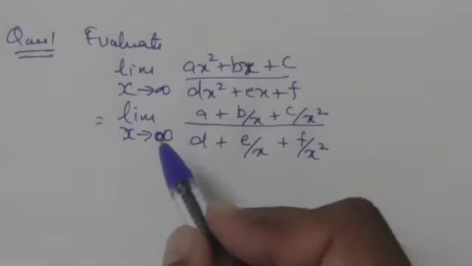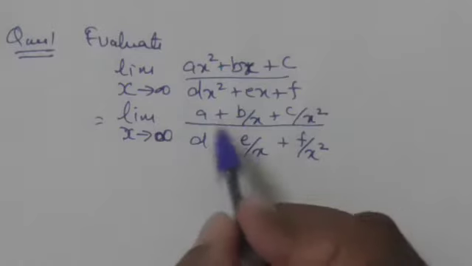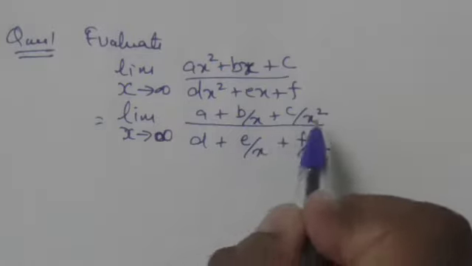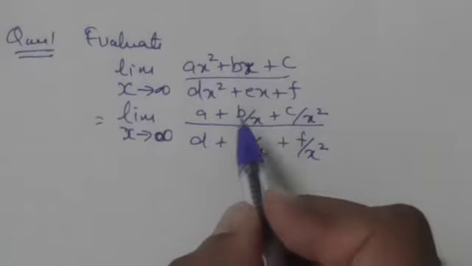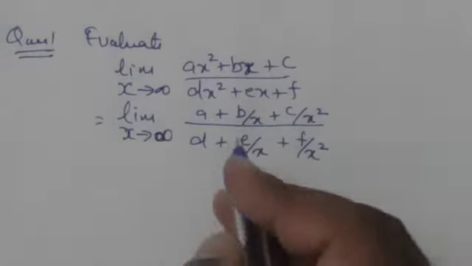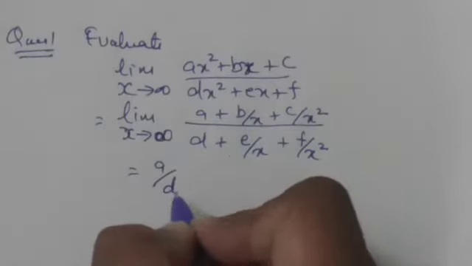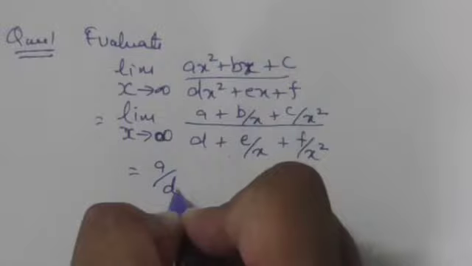As I have told you already, limit x tends to infinity 1 upon x and 1 upon x square both are equal to 0. So this term, this term, this term and this term will be equal to 0. So we will get a upon d. So this is the answer.